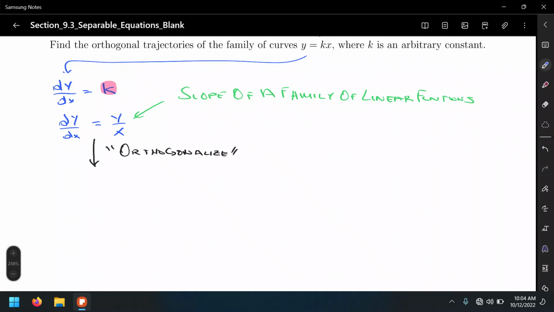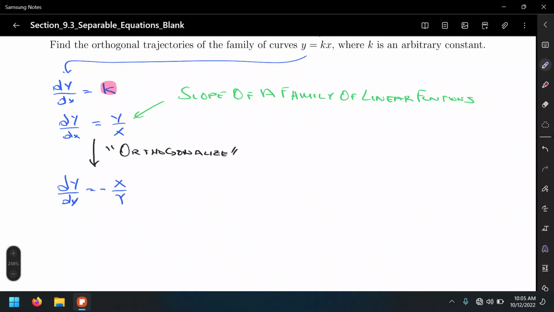Again, that comes from the definition of having slopes of orthogonal or perpendicular lines. It's always the opposite in sign and reciprocal of it. So this will be itself dy/dx, but what we do in this case is find the reciprocal, x over y, and opposite in sign.